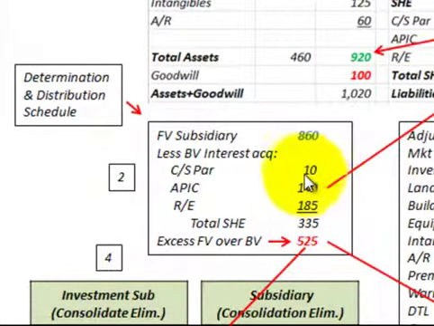So we look at the value of its stock, additional paid-in capital, and also the retained earnings. Then we total this total shareholders' equity of Corporation B and compare it to its fair value. And then we have to determine an excess of the fair value over the book value.